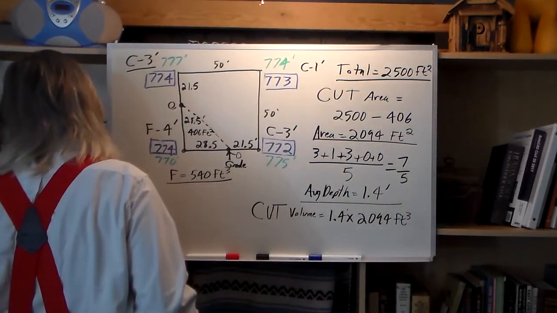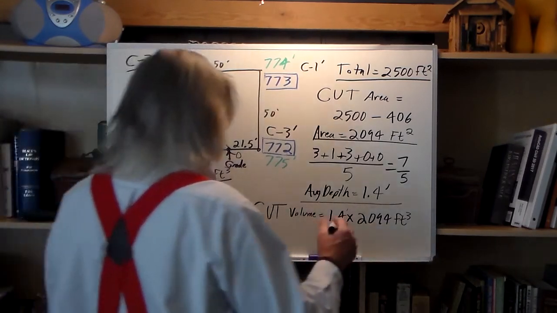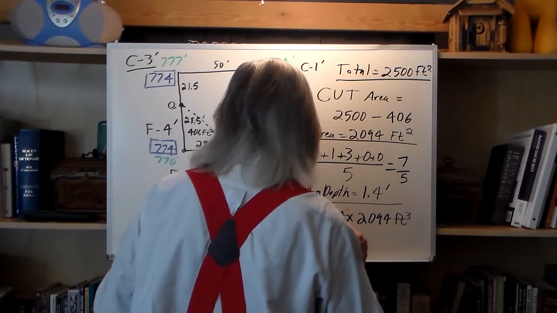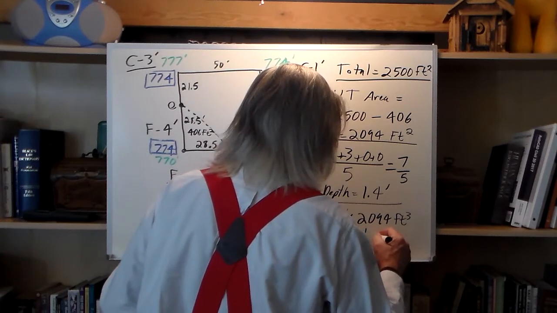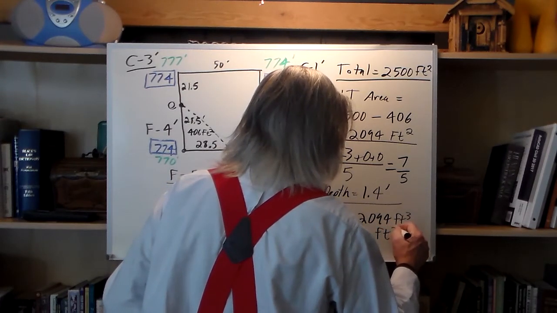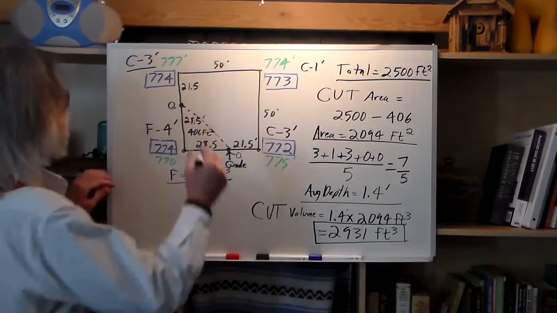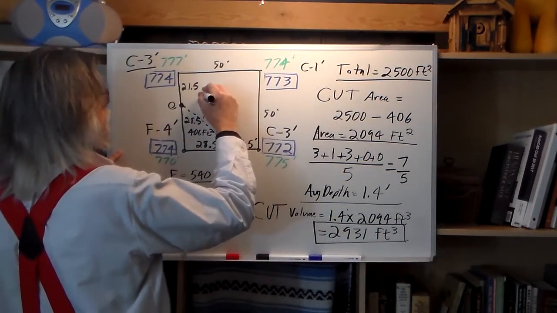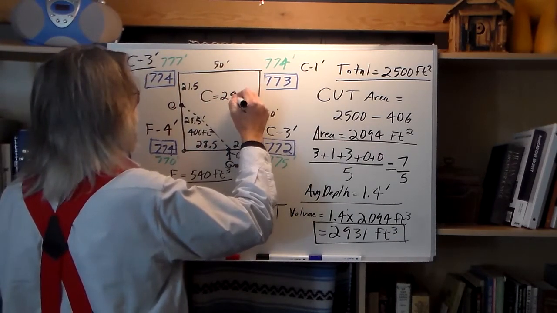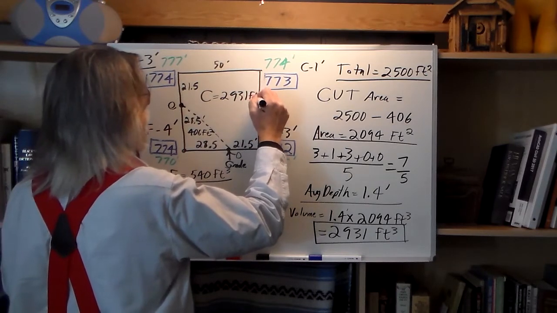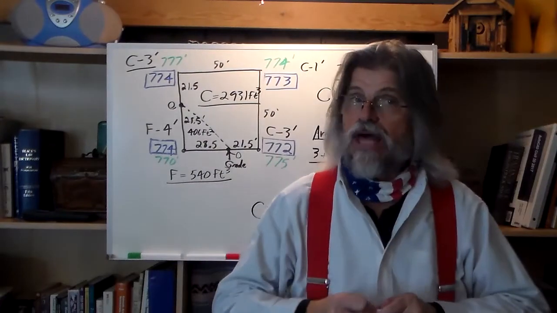And it's going to give you about 2932 or 2931, depending on how you want to round it. 2,931 cubic feet of cut. I'm going to write it up here. Cut equals 2,931 cubic feet. And that is how you do that.